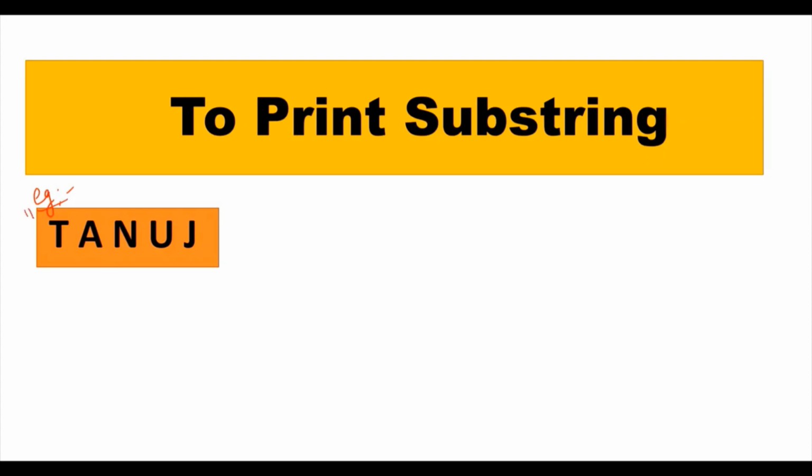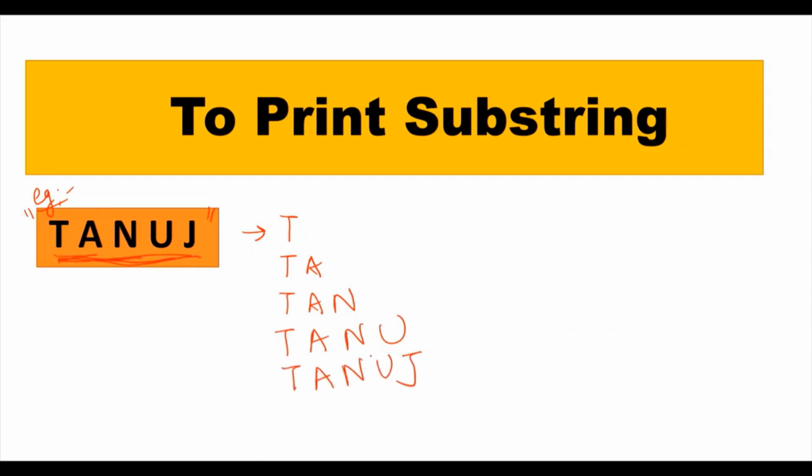This is a string. So what will be the substrings of Tanuj? It will start from the first character T, and it will vary up to the length of the string. So first T, then TA, then TAN, then TANU, and lastly TANUJ.